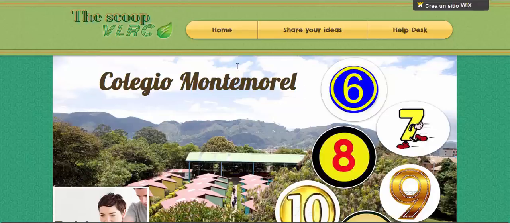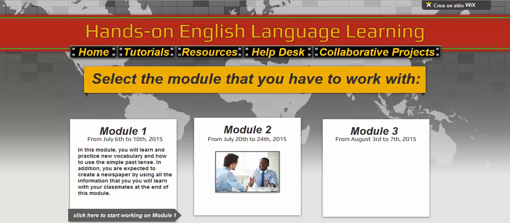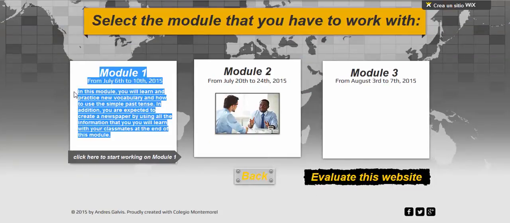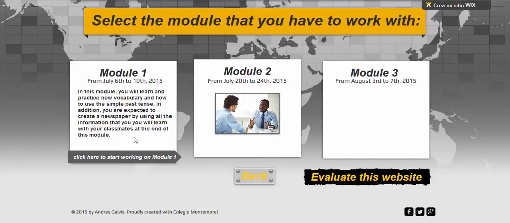I'm going to go back again in order to see the information I was telling you. So if you see in here, you have a brief description of what you are going to learn in this module. In this case, you will learn and practice new vocabulary and how to use simple past.